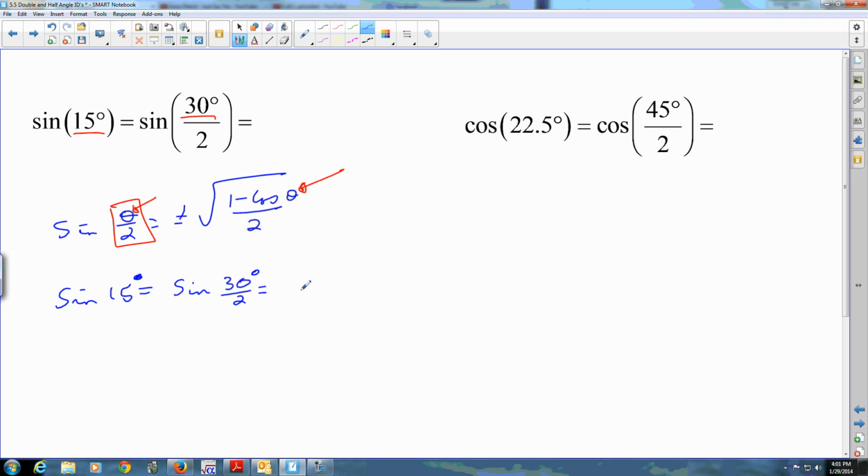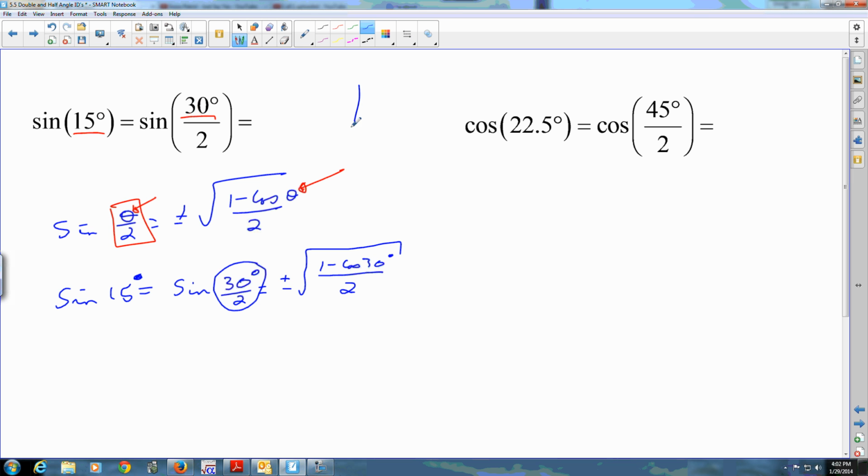I'm going to write them both just so they're there, and I know I have to go back and change it. So it's only one of them. 1 minus the cosine, and I'm using 30. I'm not using 15 because 15 is not an angle that I know off the unit circle. It's not going to do me any good to fill 15 into this. There wouldn't be any value in doing this half angle identity because 15 is not an angle you know. You want to base it off of information you do know. And you do know about 30. So you're going to use this.